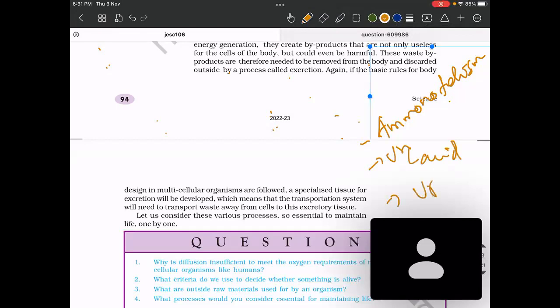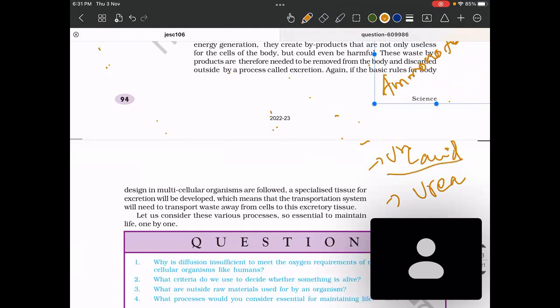Humans, urea. So, ammonotelism, uricotelism, ureotelism. Can you understand? Based upon the form of waste, the organisms are classified into ammonotelism, ureotelism, and uricotelism. Yes?